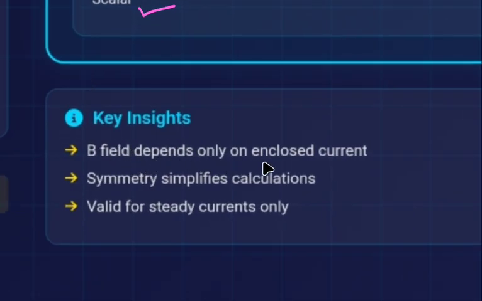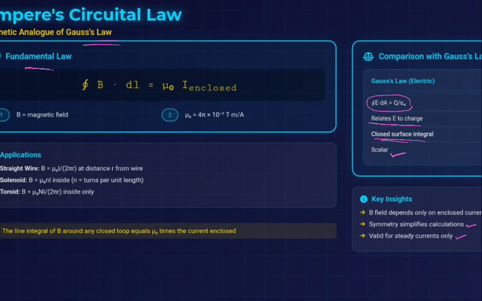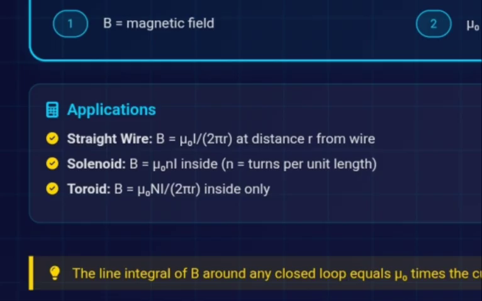B field depends only on enclosed current. Symmetry simplifies calculation. Valid for steady current only. Applications. For straight wire, it is mu naught I by 2 pi r, where r is the distance from the wire.